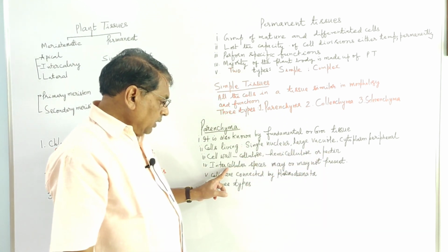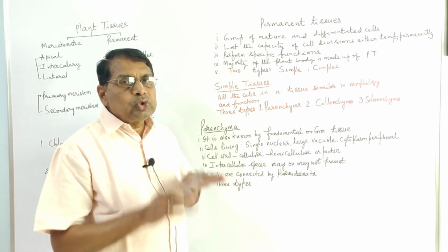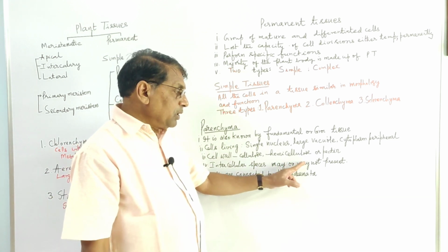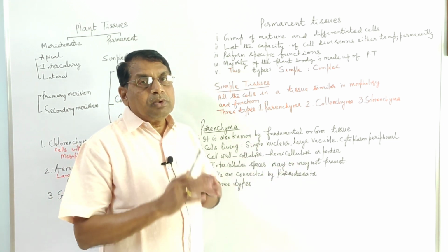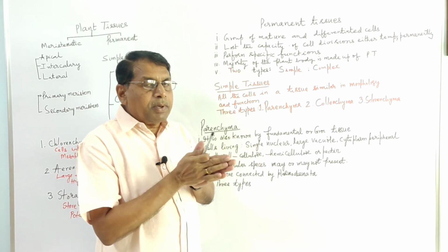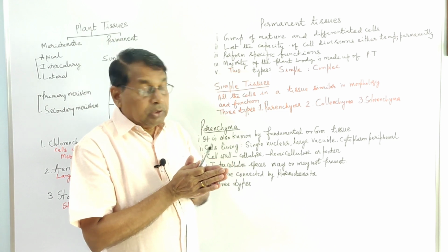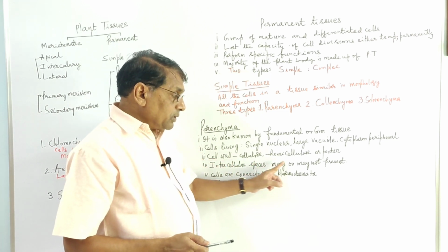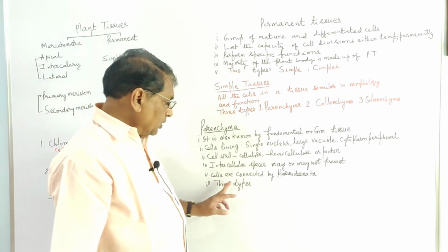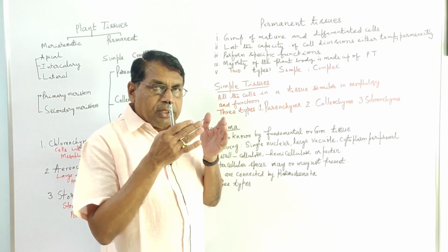Another important character: intercellular space is usually present, but sometimes absent. For example, in leaves, in the palisade tissue, the columnar cells are compactly arranged. But mostly intercellular spaces are present.